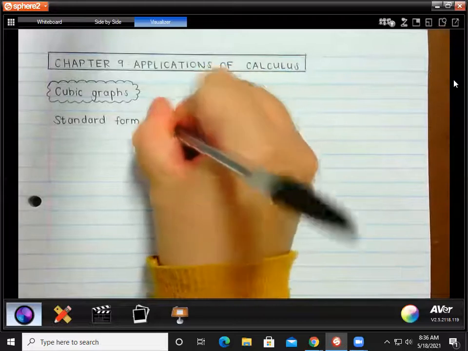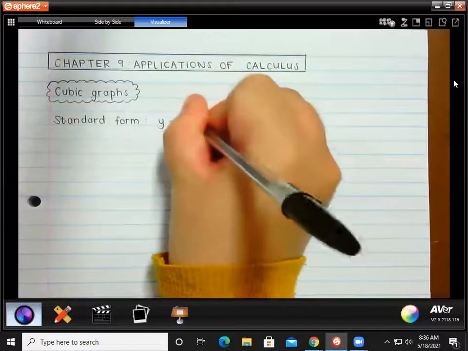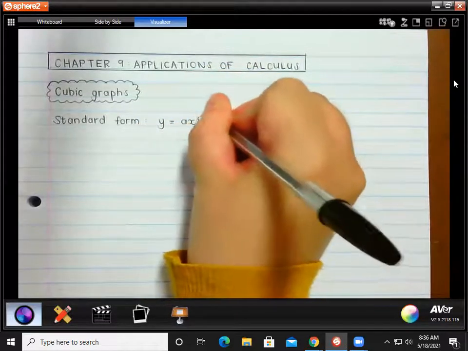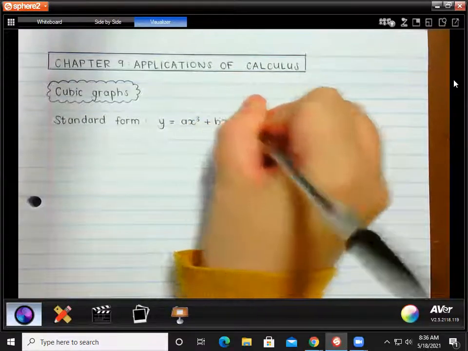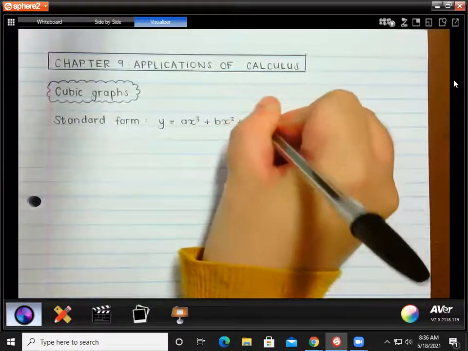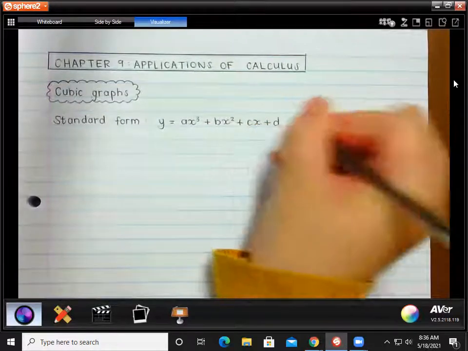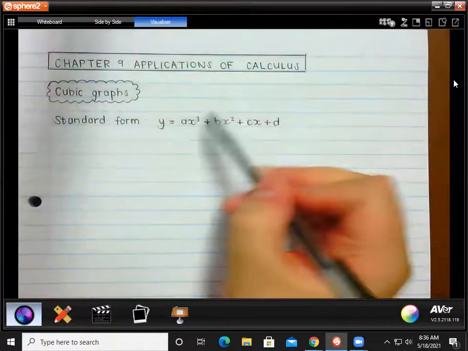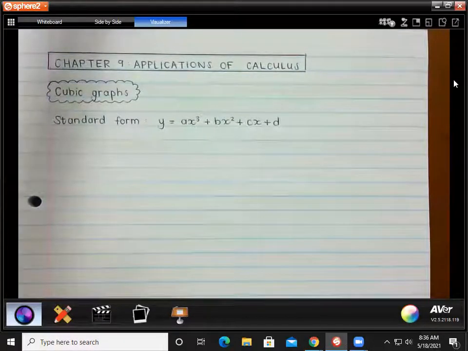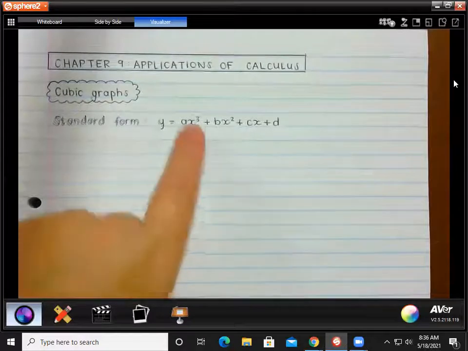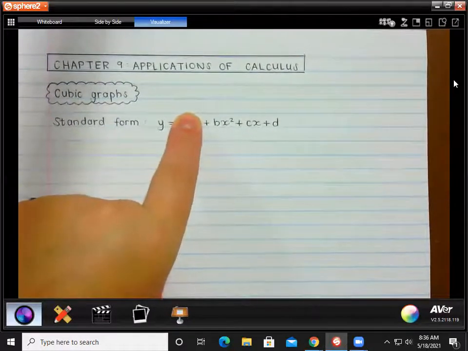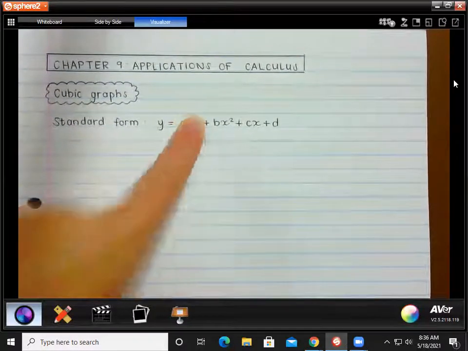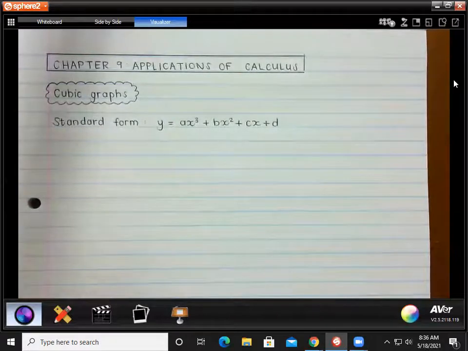So it is going to be y equals ax cubed plus bx squared plus cx plus d. It can be missing some of those terms, but if the highest exponent of x is 3, then it will be a cubic graph. If it's missing the first term, then obviously it's not a cubic graph, then it's just a parabola. But it can miss any of the others.